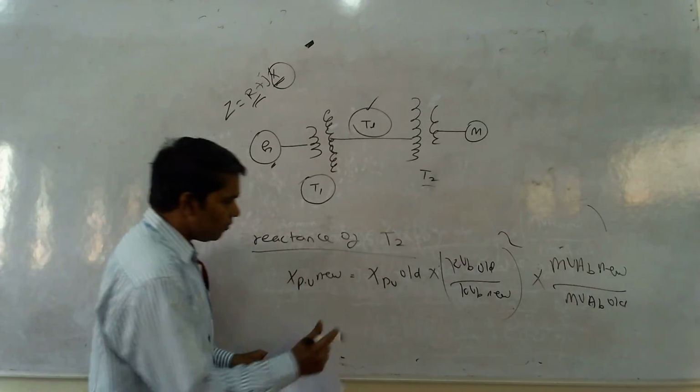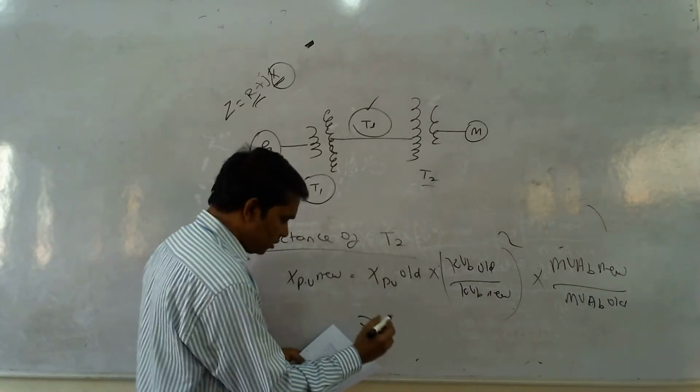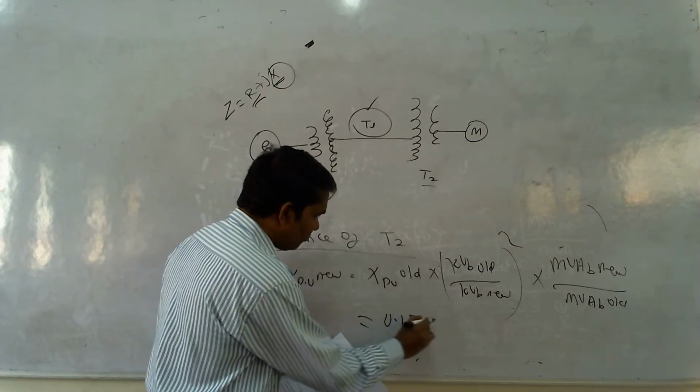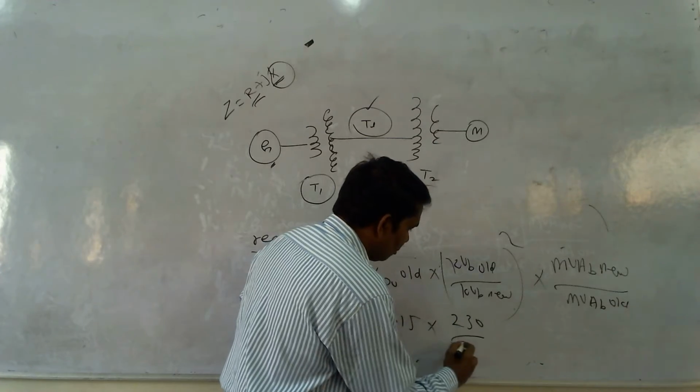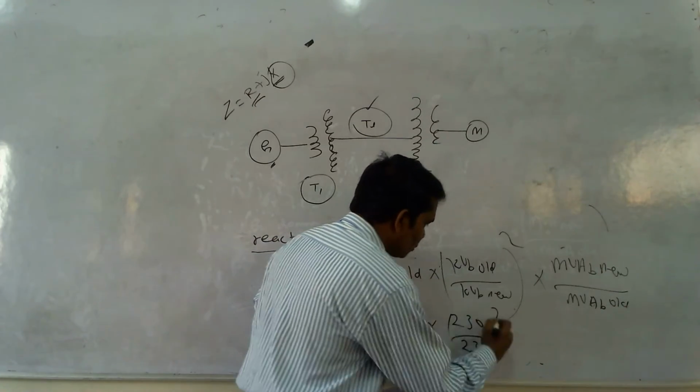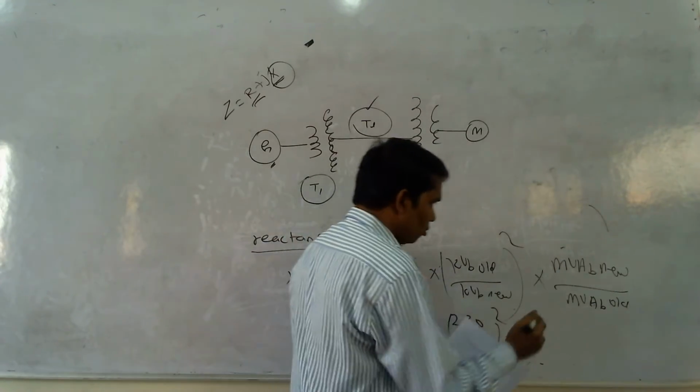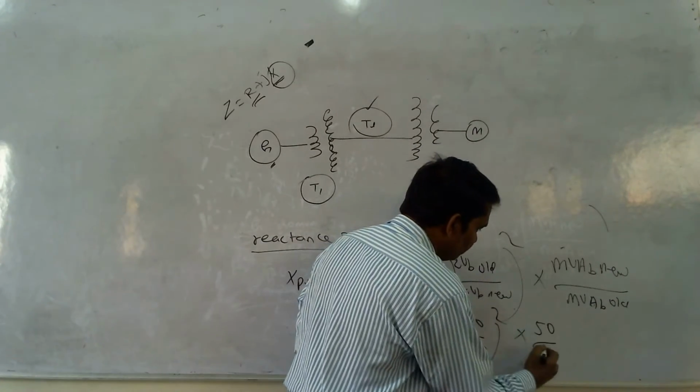So let us substitute the values here. The old reactance is 0.15 into the old kilovolt base 230, new also 230, the whole square will get cancelled, and the new megavolt ampere base is 50.